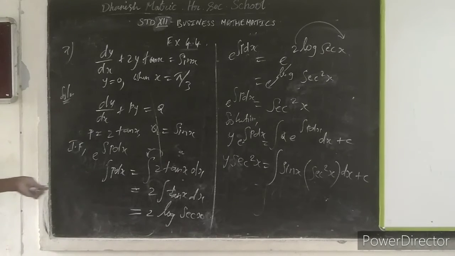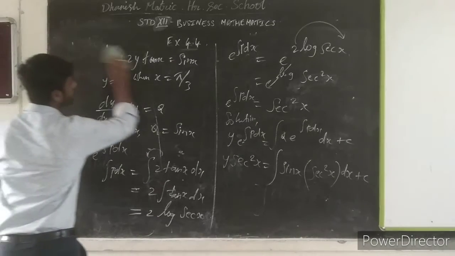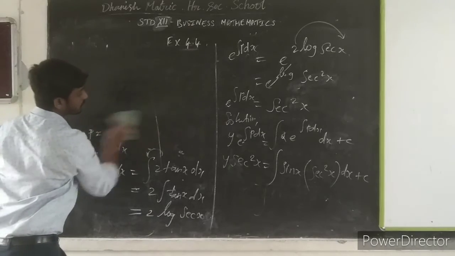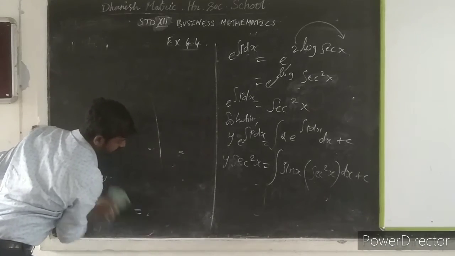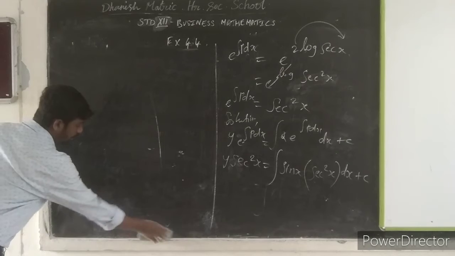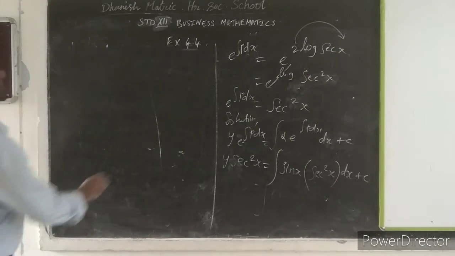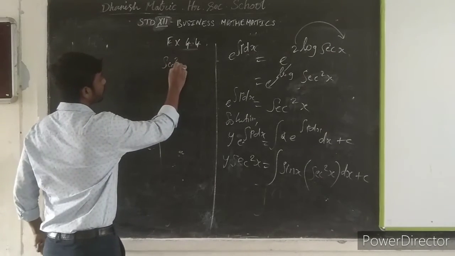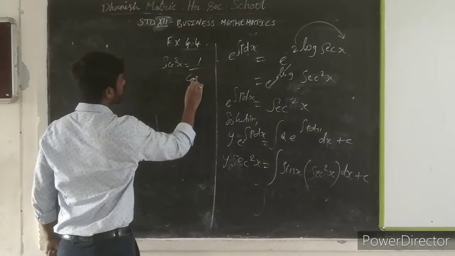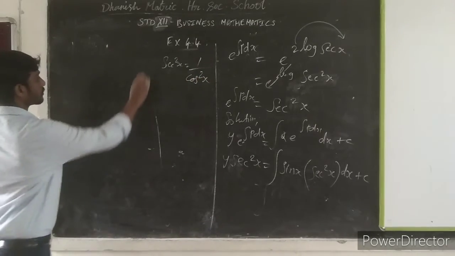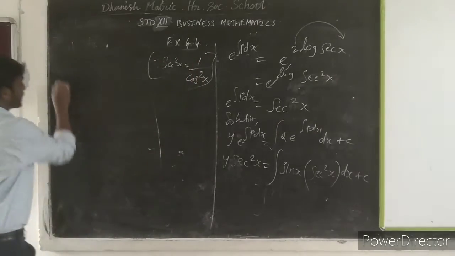Secant square x is 1 by cos square x. This is the assumption: secant square x equals 1 divided by cos square x. Now substitute this in the equation.